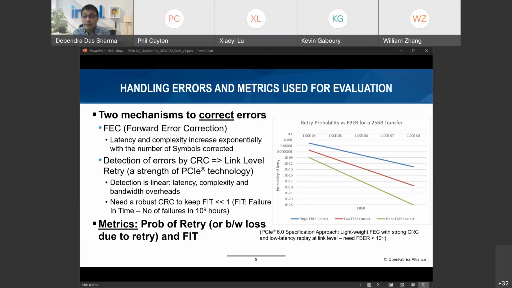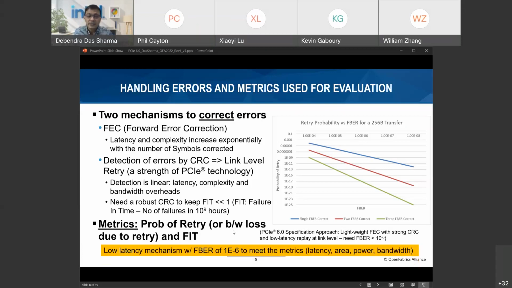As a result, my replay becomes very easy: I can get something replayed in less than 100 nanoseconds. The replay probability by itself is fairly low. I still have some FEC that will correct, and after that, if I get an error, I will just go with the replay. That's the mechanism we adopt.